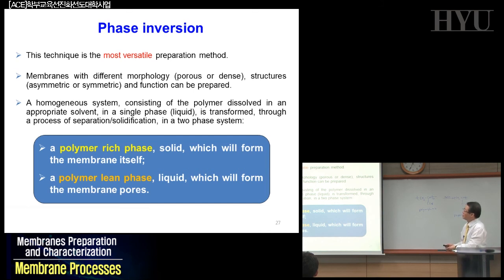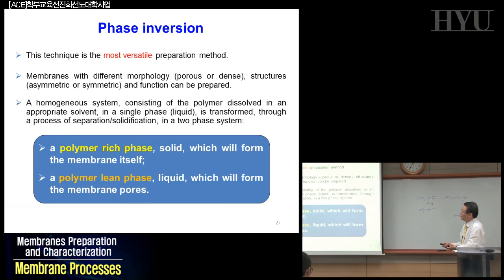Using this phase inversion method, we can make membranes with different morphology. You can make a porous membrane or less porous membrane, or you can make a symmetric membrane or an asymmetric membrane, depending upon how we manipulate this phase inversion.